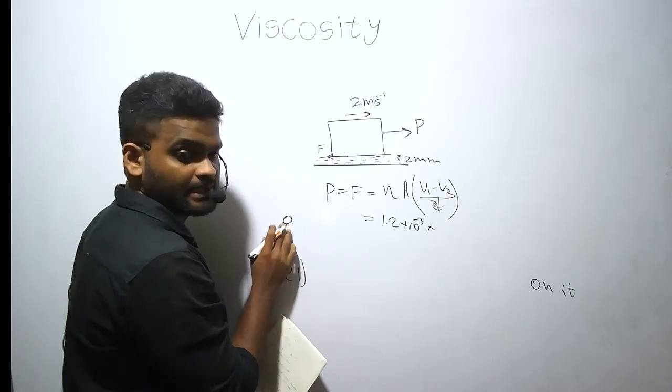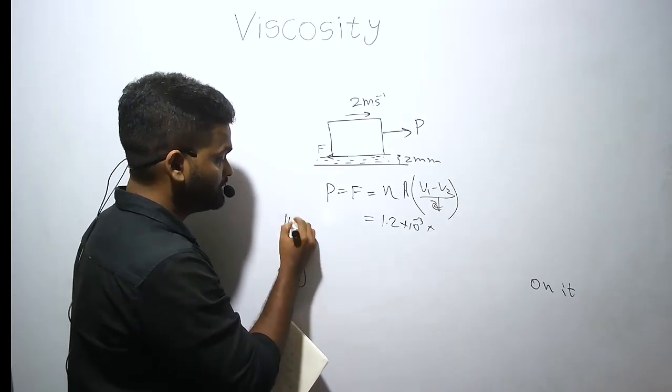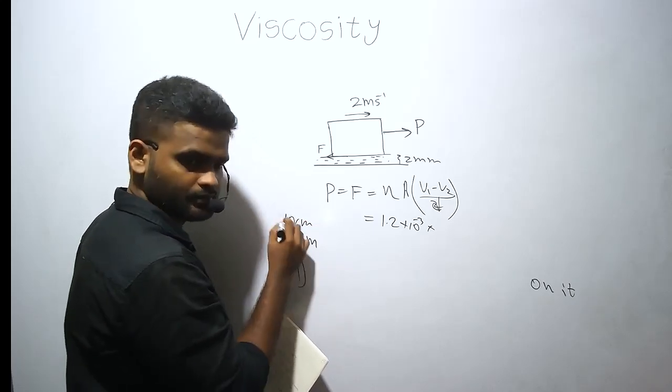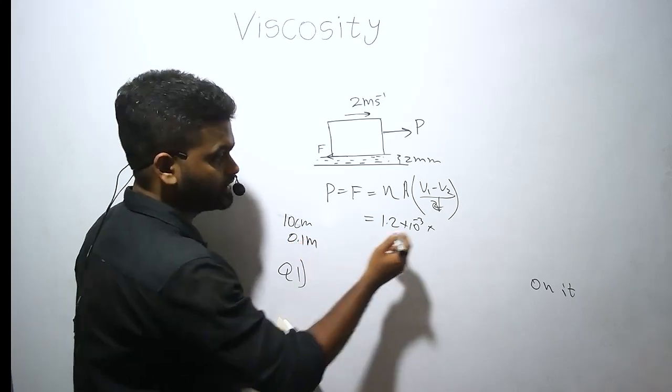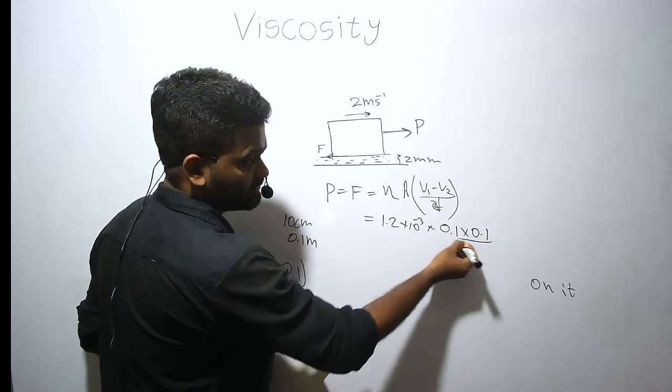You have to substitute in meters. 10 centimeter means 0.1 meter. You have to divide by 100 to convert into meters. So 0.1 meter times 0.1. This is the area, A.